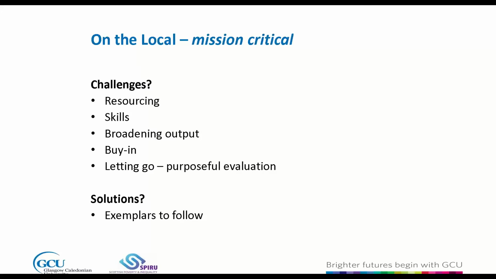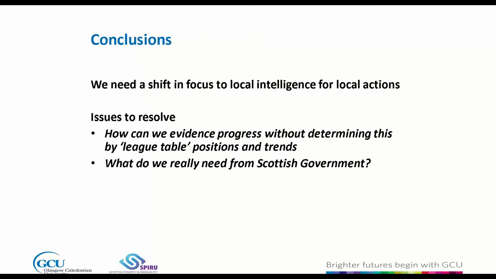And Gena and Megan are going to give a couple of exemplars about what that might involve. But let me move on and let me just conclude on this introductory presentation. So what we need to do is, in terms of data, we need a shift in focus to local intelligence for local actions. National data have a very limited and specific contribution to make, but that's all they are. The local has to be the focus of our concerns. And that gives us a couple of issues, I think, in terms of national data we have to resolve.